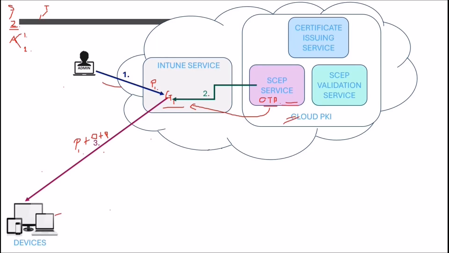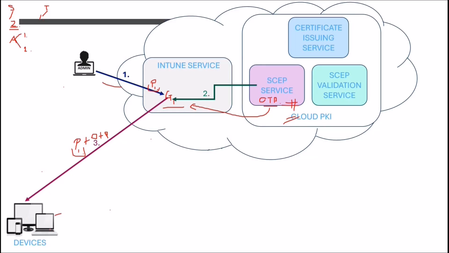Now there is one very important thing that we need to see, and that is this SCEP profile which was created by the admin. It contains a lot of information. Amongst them, there is one very important piece of information, which is a SCEP URI. Think of that SCEP URI as the address of this SCEP service.